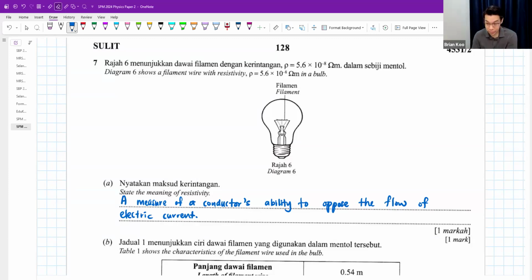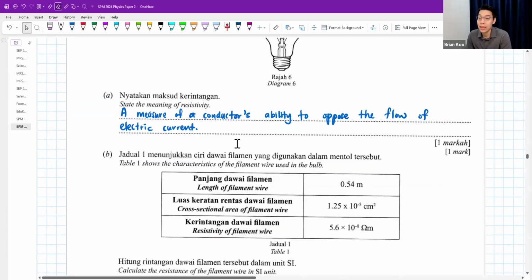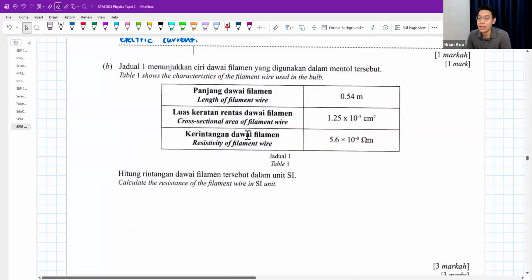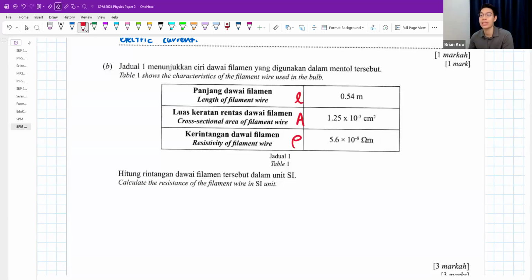Then part B, Table 1 shows the characteristics of a filament wire used in a bulb. Calculate the resistance of the filament wire in SI unit. This is length, this is cross-sectional area, and this one is resistivity.